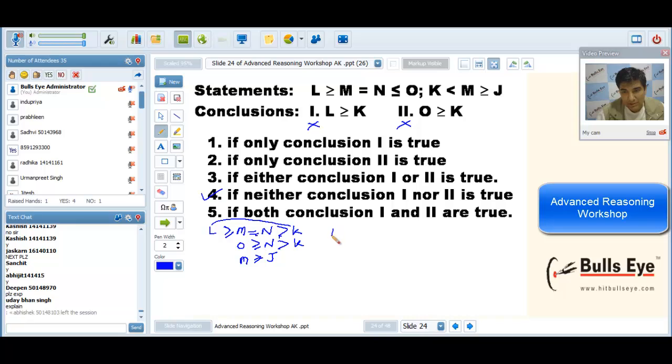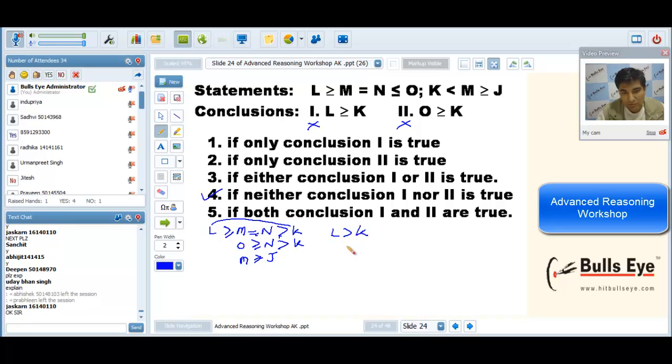Why? Because L is just greater than K. It is not greater than equal to. And O is greater than equal to K is again wrong. Why? Because O is just greater than K. It is not greater than equal to. Is it fine? Okay.